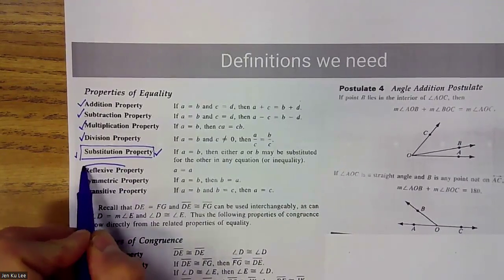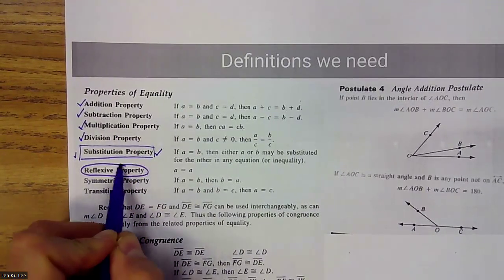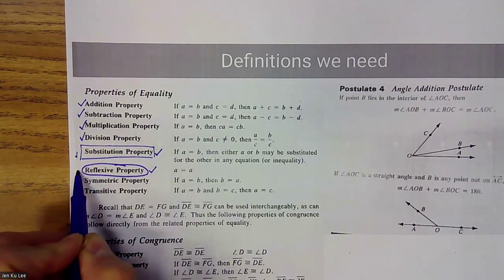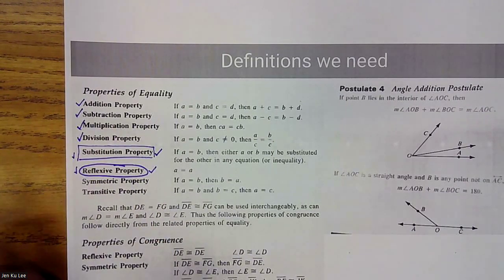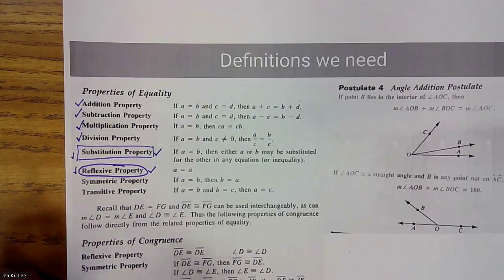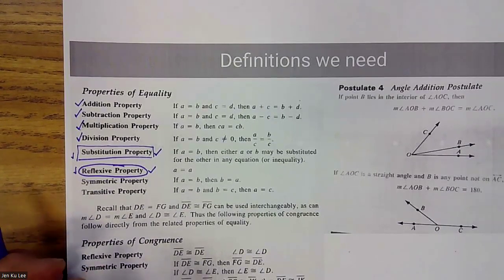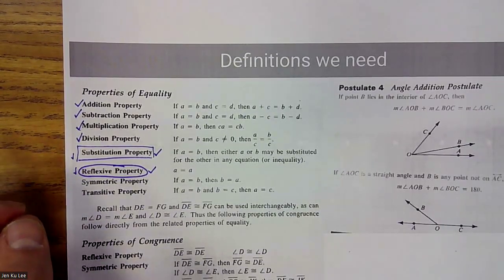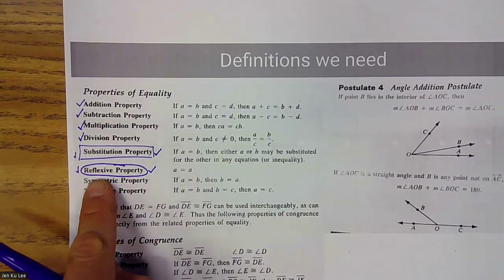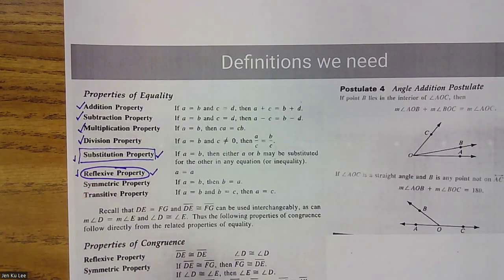The reflexive property is basically saying that angle A is equal to angle A. It's just saying that yes, it is itself. Whenever I say reflexive property, I always think of the word reflection.